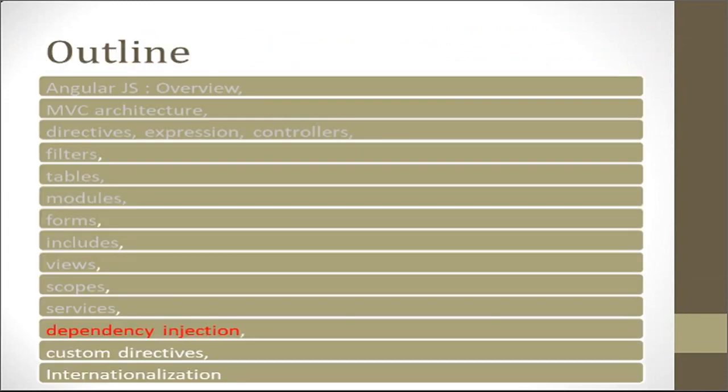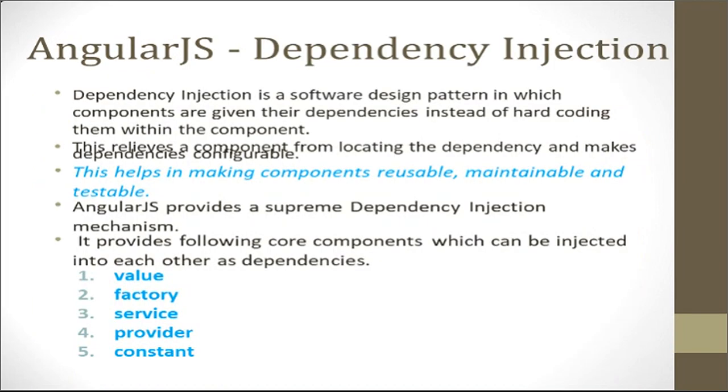Let's begin with the next part, dependency injection. What is the meaning of dependency injection? Dependency injection is a software design pattern in which components are given their dependencies instead of hard coding them within the component.